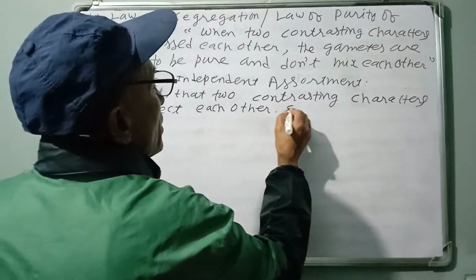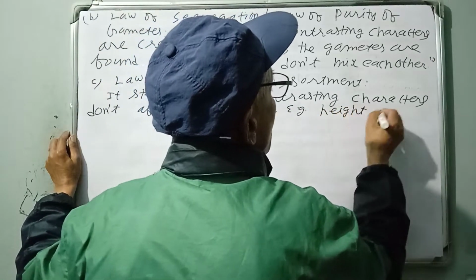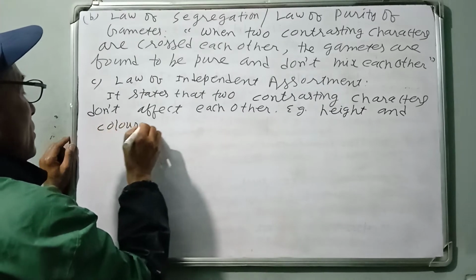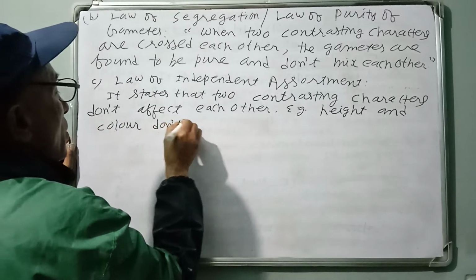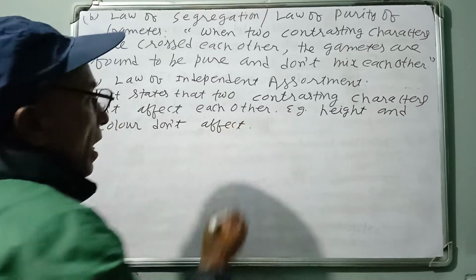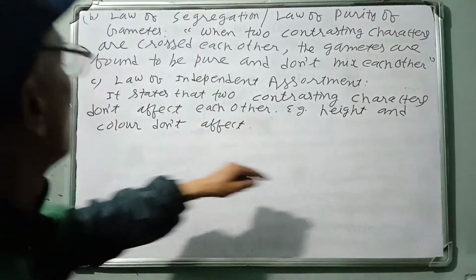What does it mean? One example, height and color. Height does not affect color and color does not affect height.